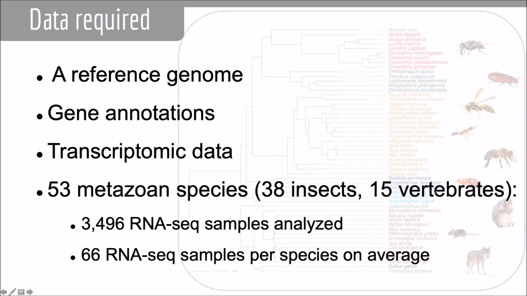We focused on these two groups because when we started these studies, these were the two clades for which we had the largest sample sizes. And in total, we analyzed almost 3,500 RNAseq samples, with an average of 66 RNAseq samples per species.